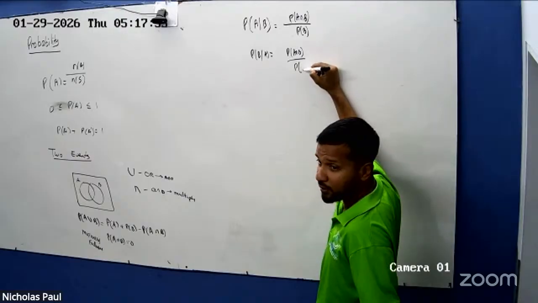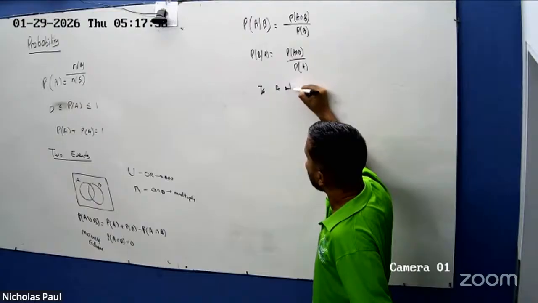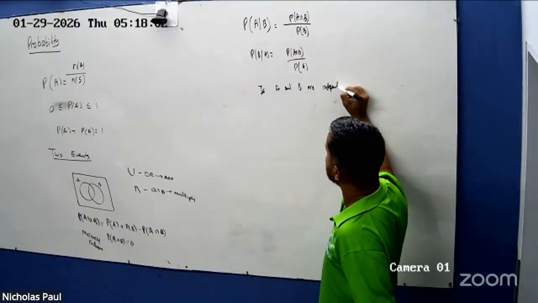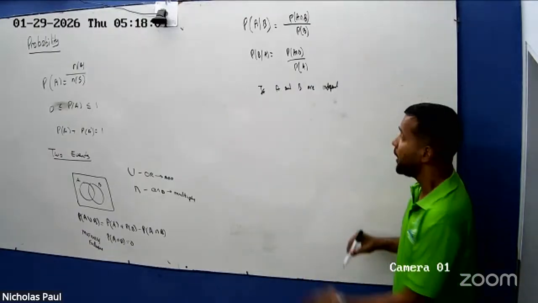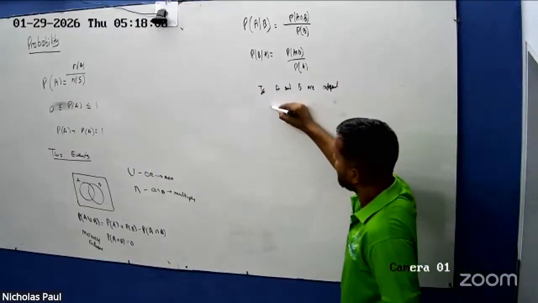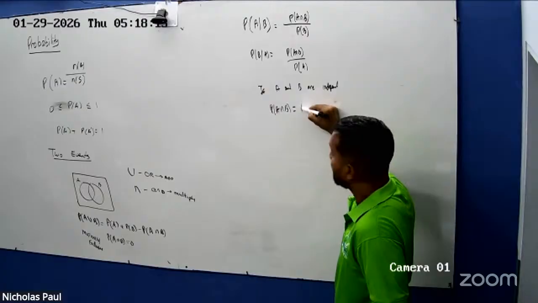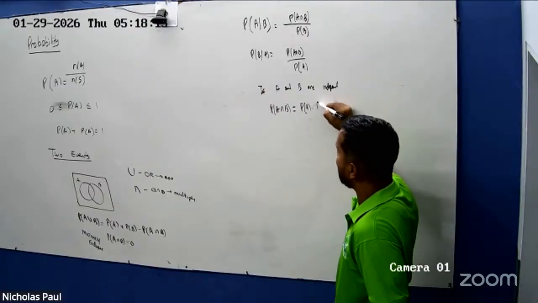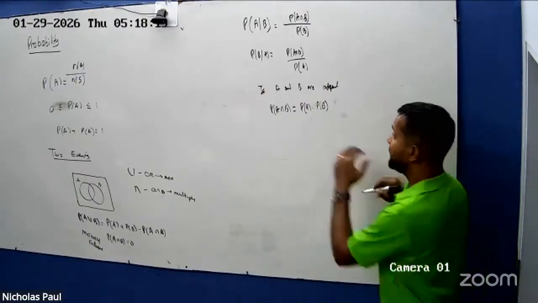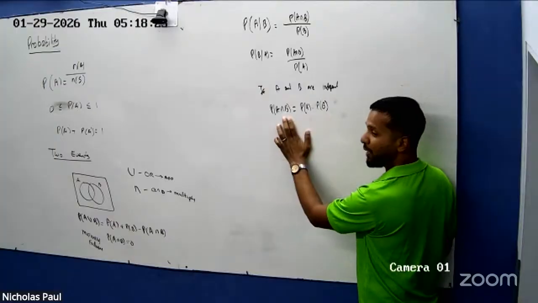What would happen if A and B are independent? If one does not depend on the next, then the probability of A and B is the probability of A multiplied by the probability of B. So if things are independent, when you multiply them, you get this.